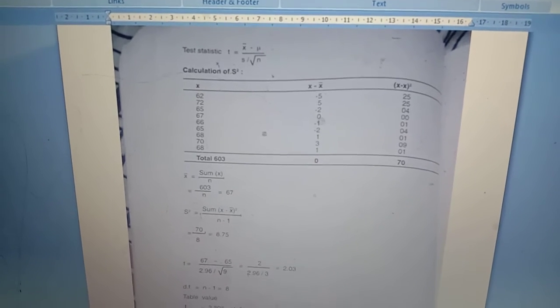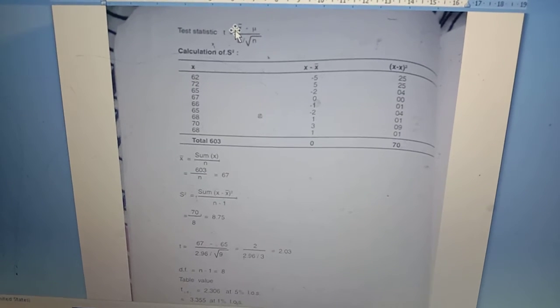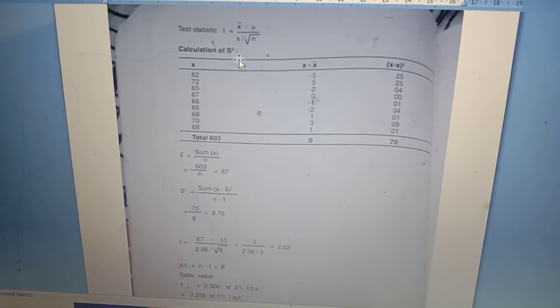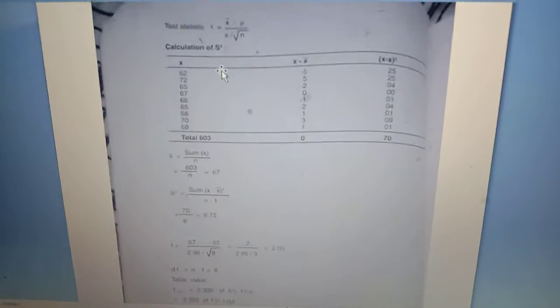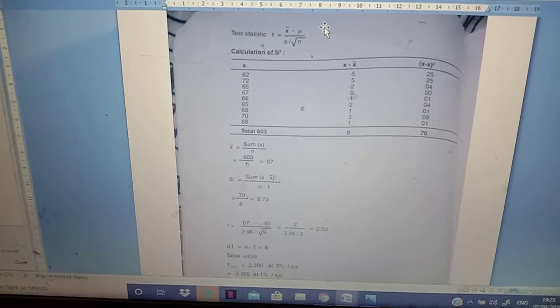Why x bar? Because it reflects the sample mean; for the individuals we generally use the x notation. So finding the mean of x means we are taking the mean of the sample, and the population mean is given as 65. Now you can see the basic difference between the formula of the Z test and the t-test is the s.